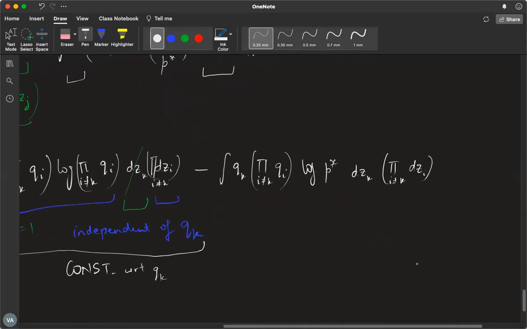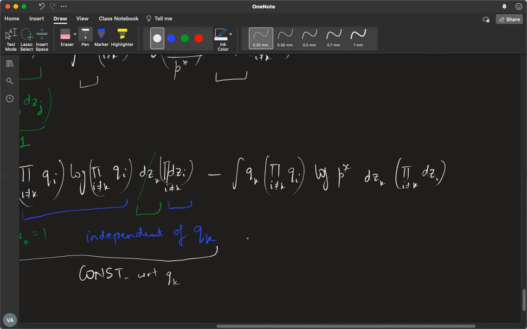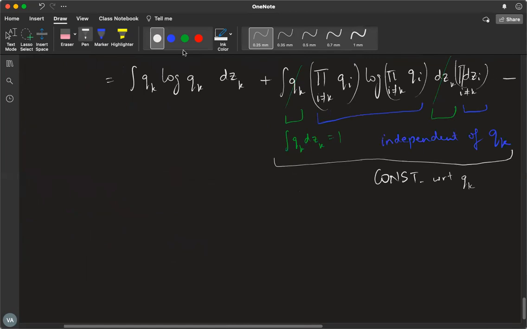Now let's come to this term. Let's examine this term again. Here we cannot reduce because this p star also contains zk, right? So we cannot reduce this. So, okay, let's try to write this in a clever way. Let me start the equation all over again.